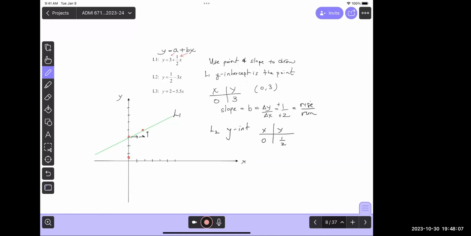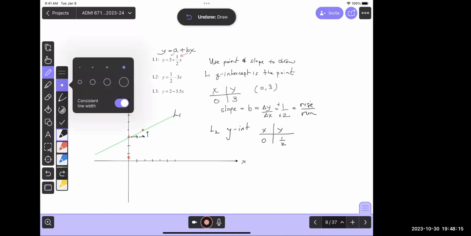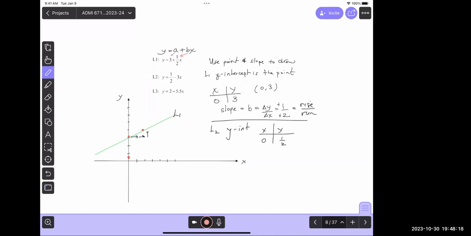And then my slope is actually a negative for this one. Let me put a line between these. So what we do to interpret that, you put a 1 under it.